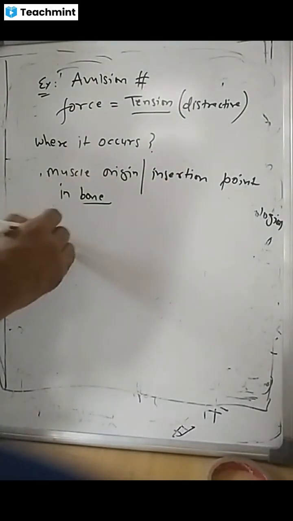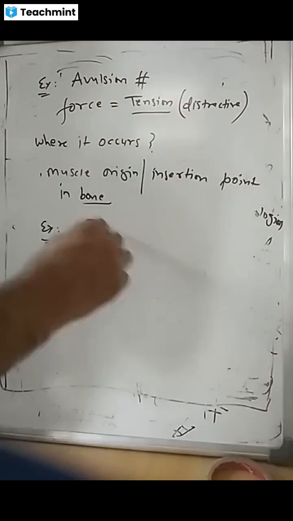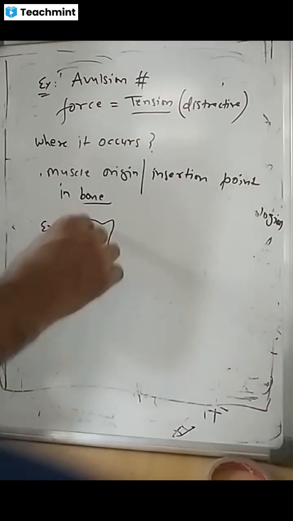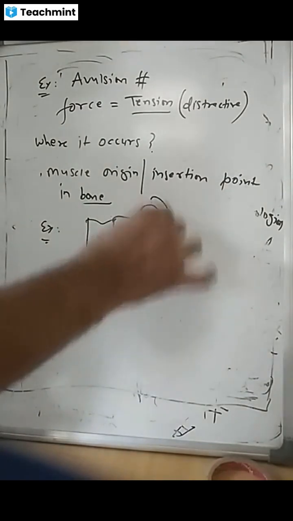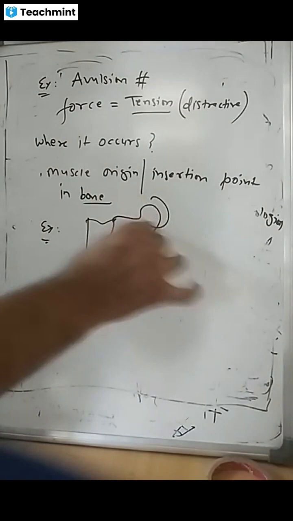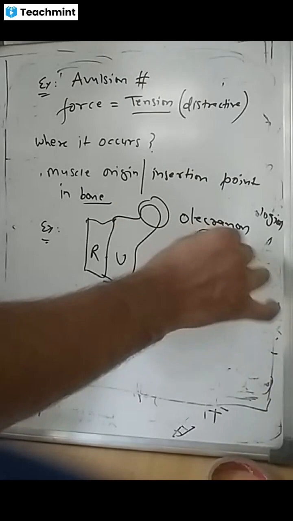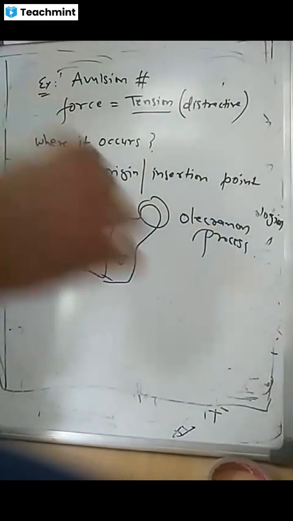For example, take the radius and the olecranon process.